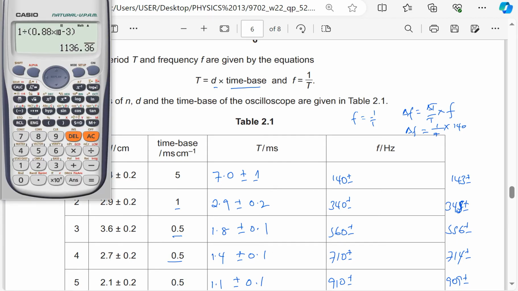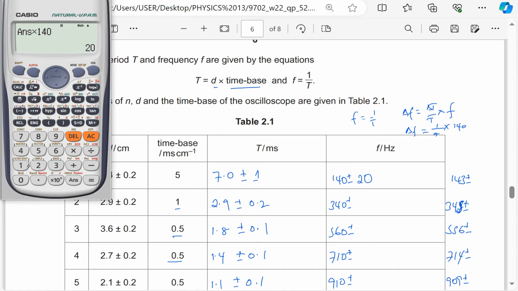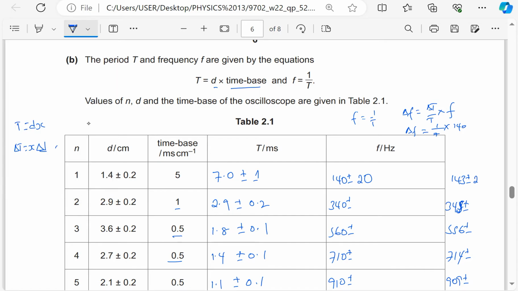So this is going to be 1 divided by 7 times 140. I'll round this off to 20. Alternatively, I could use 143, where I would say 1 divided by 7 times 143. So here it is still 20.